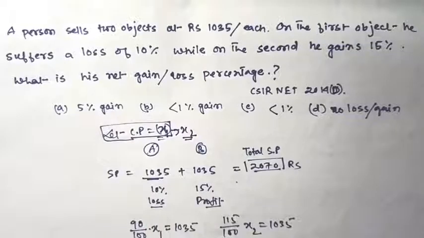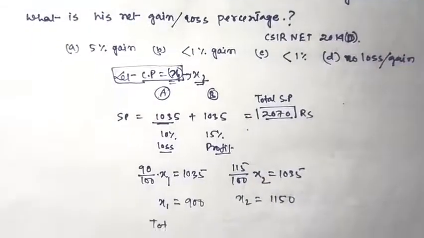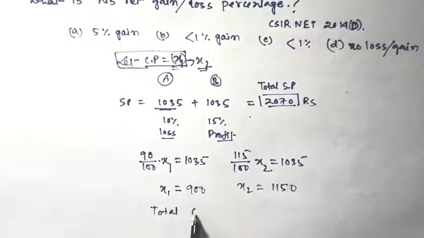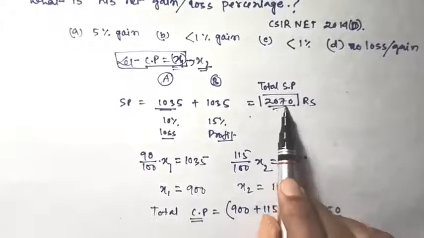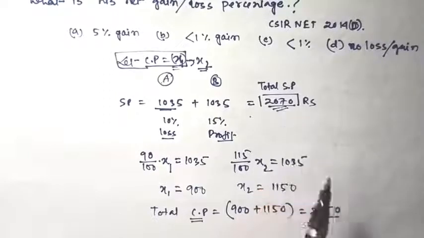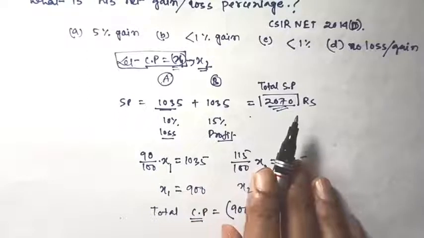So X1 would be 900 and X2 would be 1150. The total cost price will be the summation, 900 plus 1150, which is equal to 2050. This is the cost price, whereas 2070 is the selling price. Since the selling price is greater than the cost price, the person is in profit.